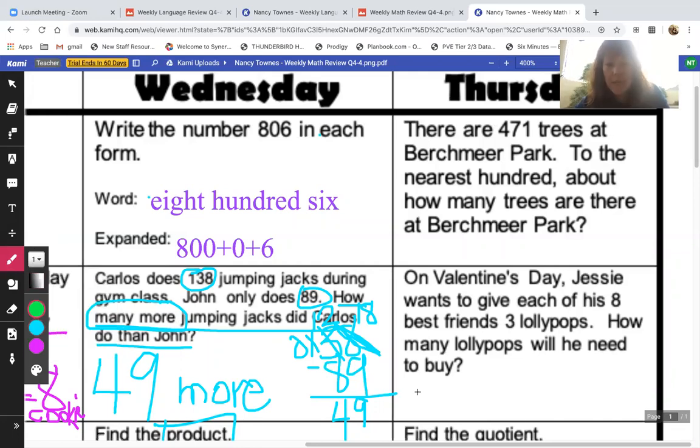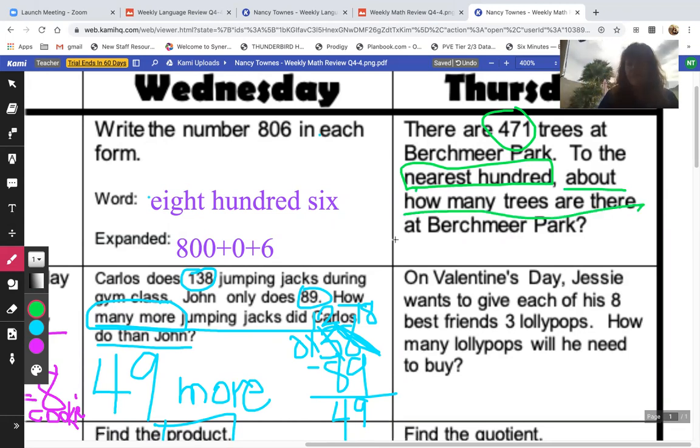It's right here. All right, it says there are 471 trees at the Birchmere Park. To the nearest 100, that seems important, about how many trees are there at Birchmere Park? So they want us to round to the nearest 100.